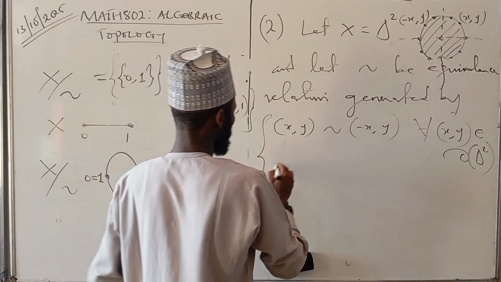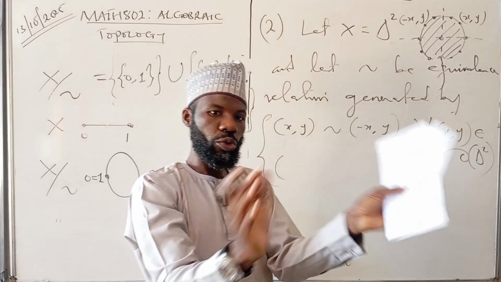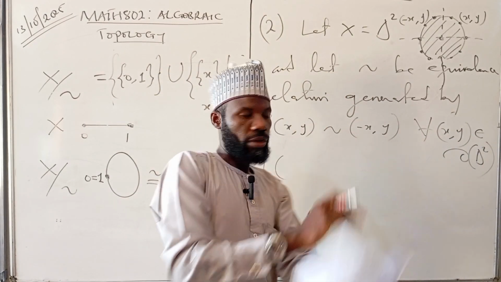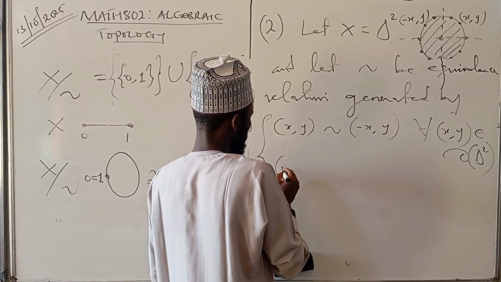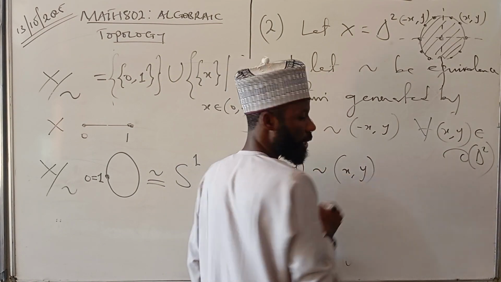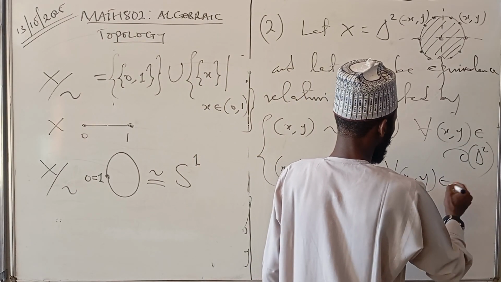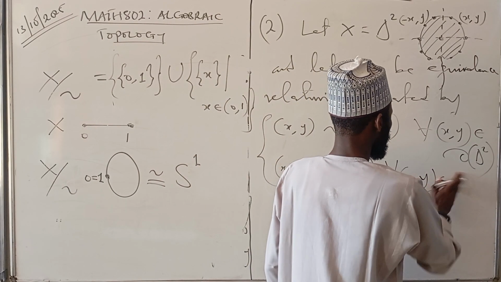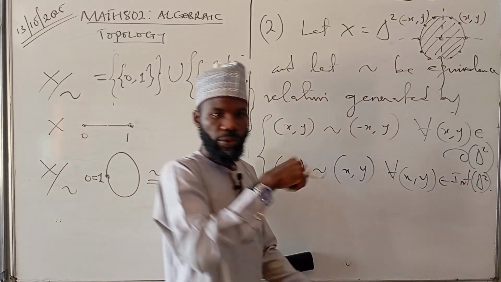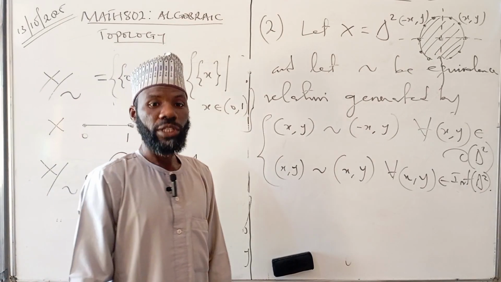When you do that, only points of the boundary will be identified in this way. Every point here will be identified with its opposite, but points inside the disk will relate to themselves trivially. So for all x, y in the interior of the disk, points of the interior relate only to themselves.